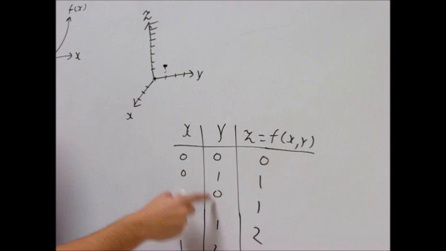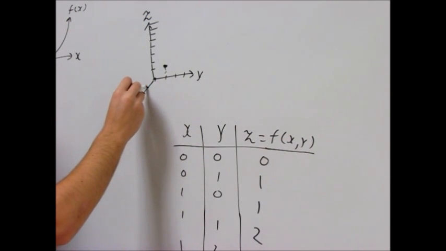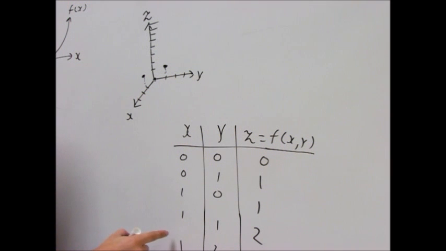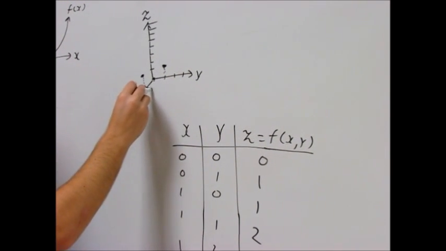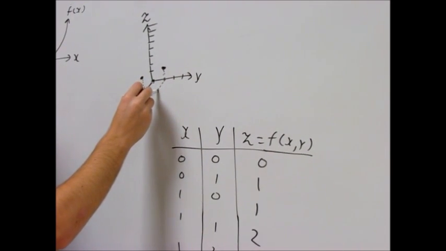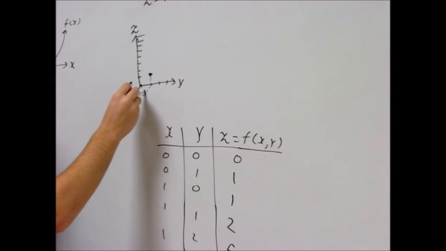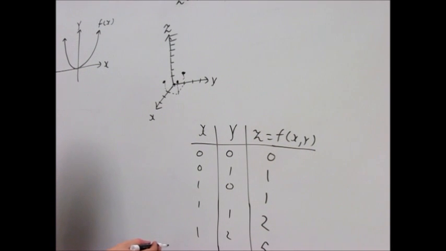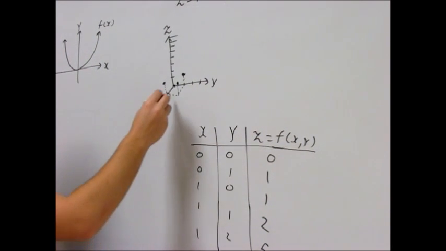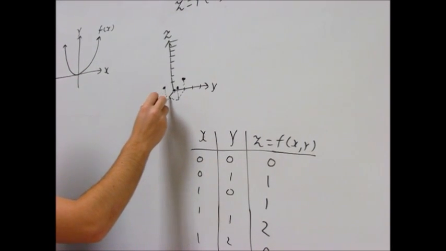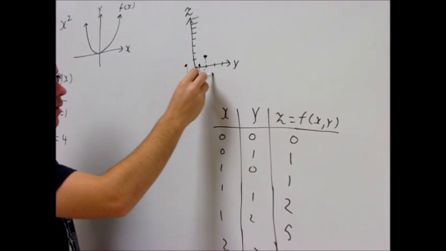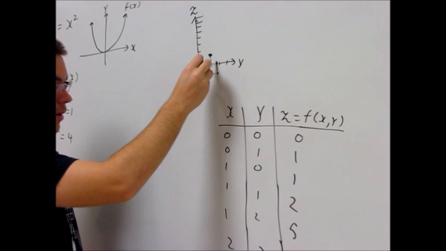Then 1, 0, which is here, also goes up 1. And 1, 1 also goes up 1. So you're starting to visualize this, hopefully. 1, comma 2: same way, you go out 2 in the y direction, and now you go up 5.